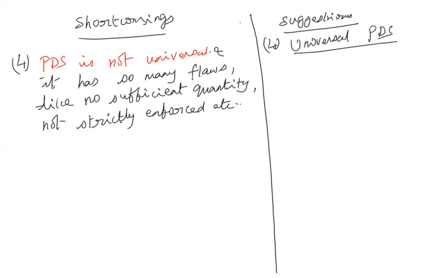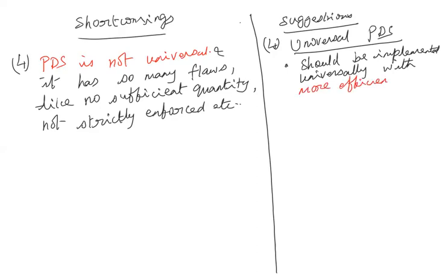So this is the suggestion: it should be implemented universally, and with more efficiency and transparency, so that all these criticisms will not be there. All these mistakes will not happen.